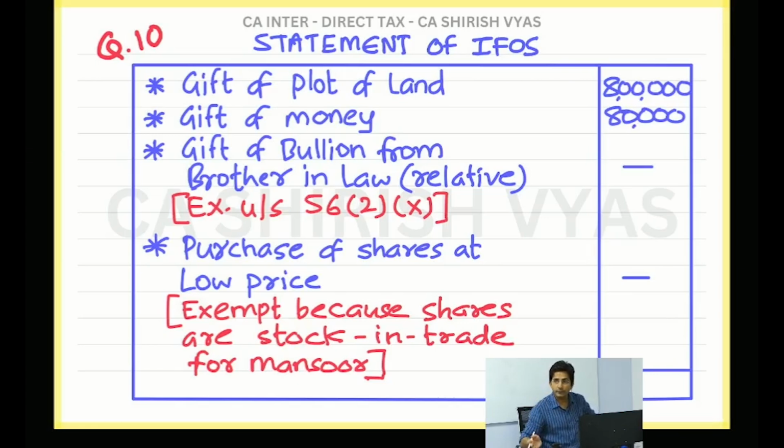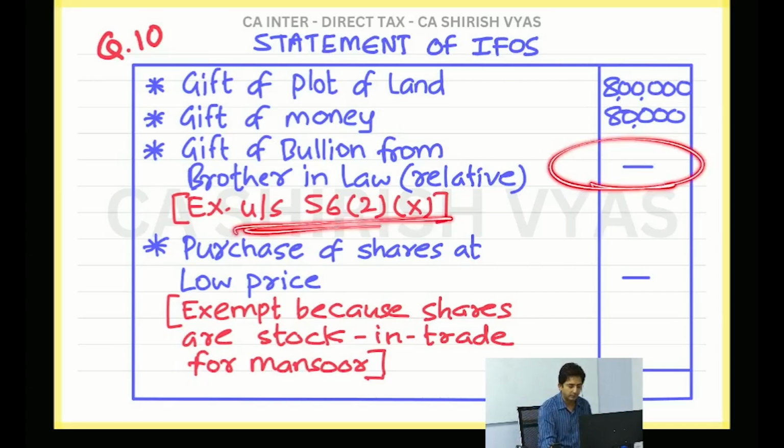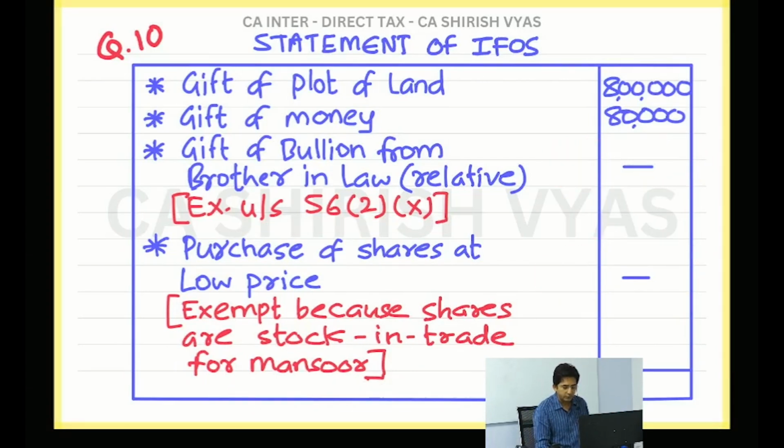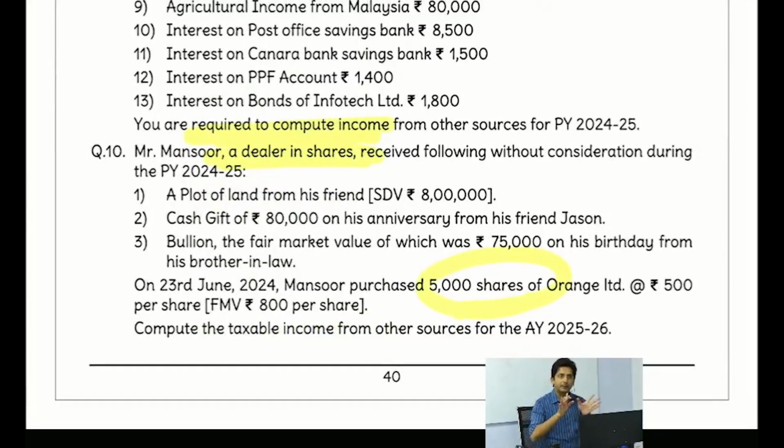Otherwise the paper setter's ego will get hurt, that I have given the amount, why did you put dash? So you should give reason for that. So wherever you put dash, you have to put reason. See, here also I gave reason, here also I had given reason. Exempt because shares are stock in trade for Mansoor. That's it, the question is over. Total up. 8,80,000. Taxable income from other sources. Technically chapter is over.